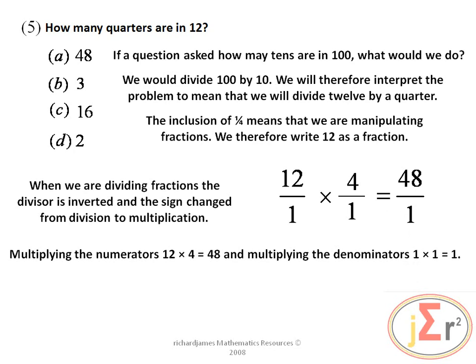Is that right, Jerry? Okay. Any number that is divided by 1 is equal to that same number. So 48 divided by 1, as Jerry said at the beginning of this problem, is going to be equal to 48. The correct answer is option A.